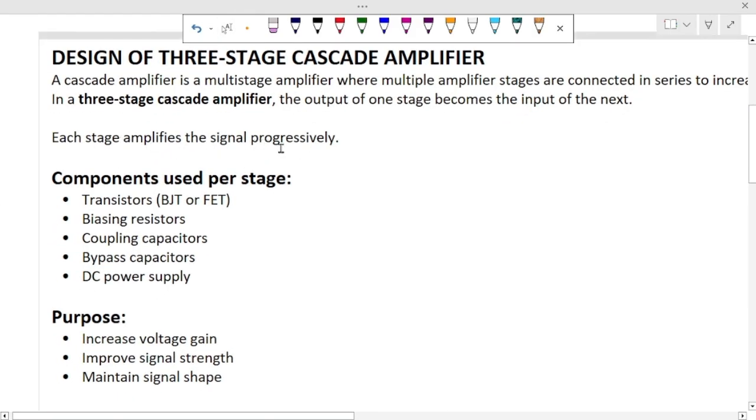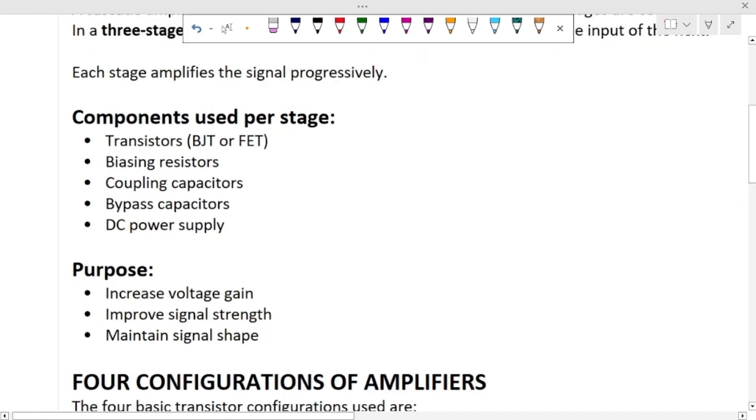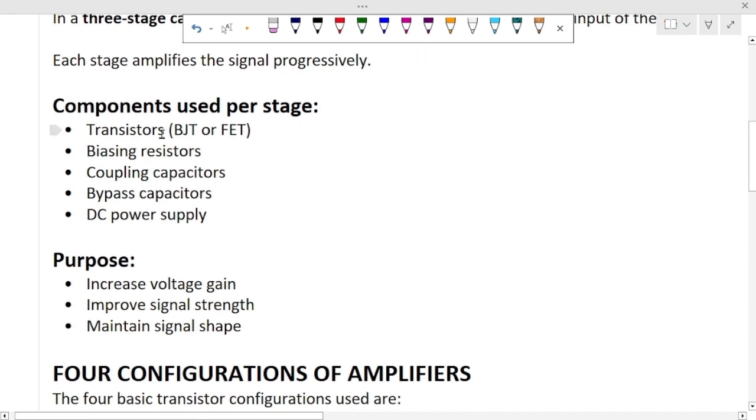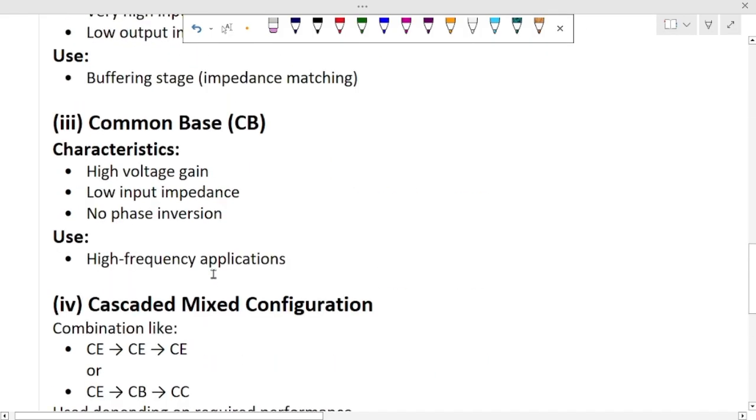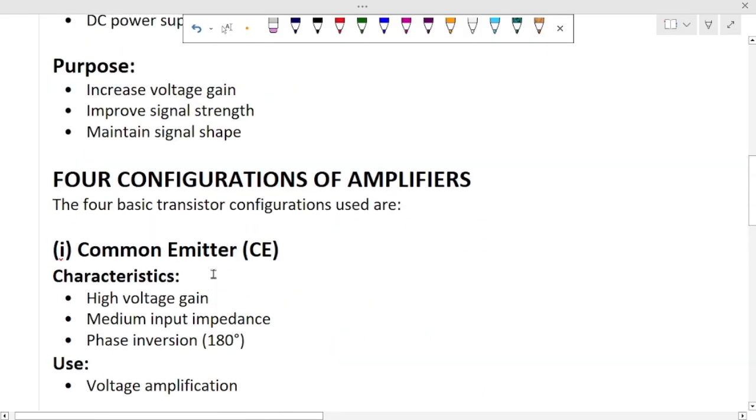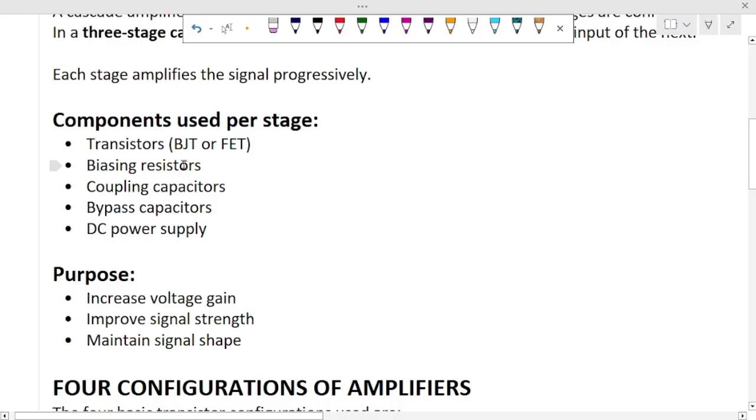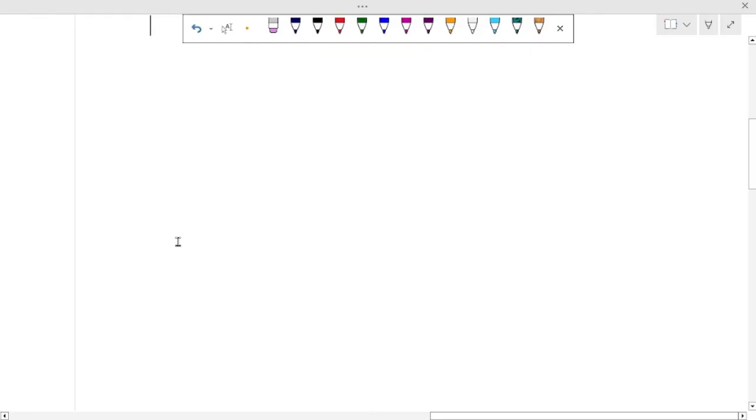Now each stage amplifies the signal progressively. All right, so the components used are transistors, BJT or FET, but in our example here, the one we use in this video is just BJT. BJT is a bipolar junction transistor, and it has three pins: base, emitter and collector. So let me just quickly draw that.